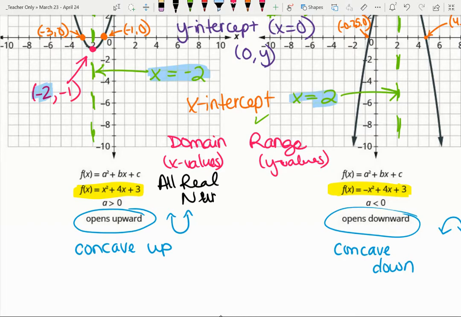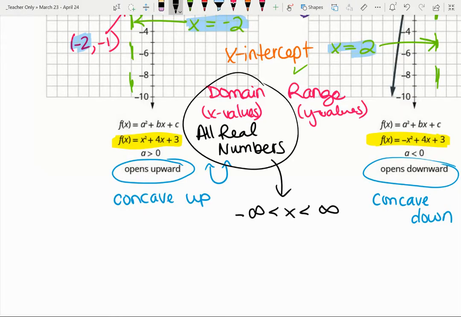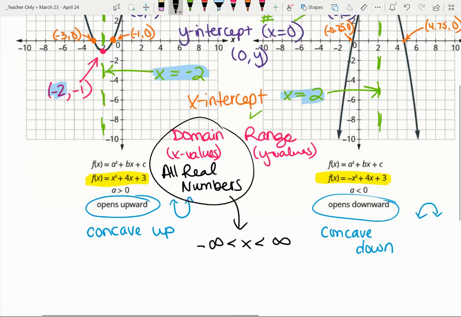Oops, let me rewrite that a little bit. All real numbers. And so remember, when we say all real numbers, that's a fancy way of saying everything from negative infinity to positive infinity, right? Everything from the very, very most negative numbers to the very largest numbers. But you're going to see all real numbers a little bit more frequently there.